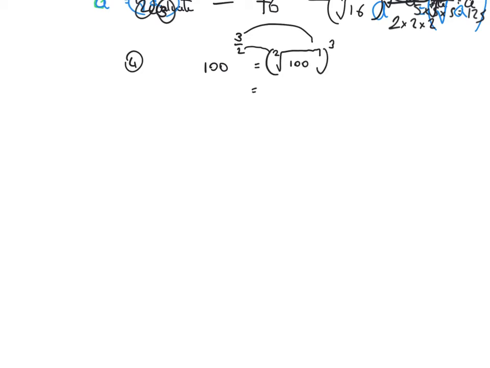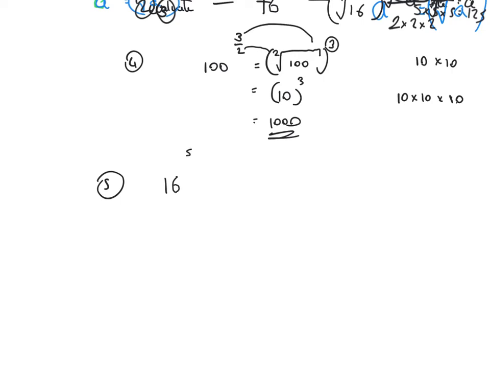What's the square root of 100? That's 10, because 10 times 10 is 100. And then I need to cube it. 10 cubed, what's that? 10 times 10 times 10, take your time, and that is 1000.